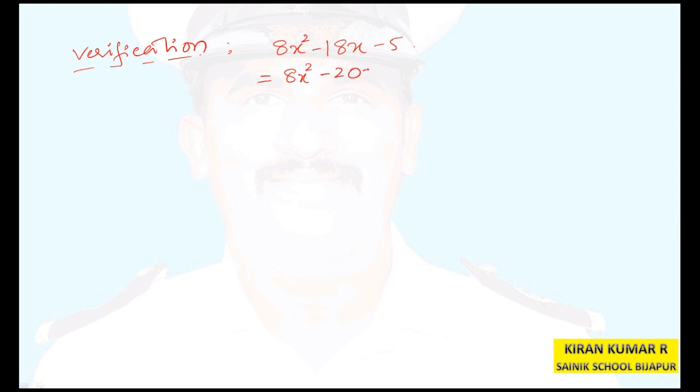I'll split the middle term as minus 20x plus 2x. So I get 4x as common, 2x minus 5 plus 1 is common, 2x minus 5. Therefore, 4x plus 1 multiplied to 2x minus 5.